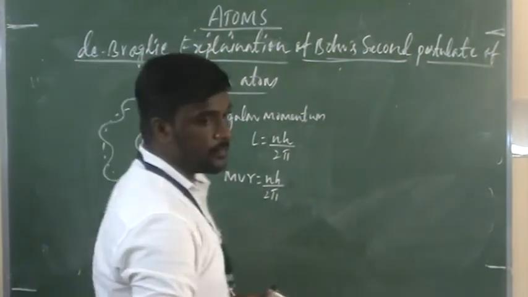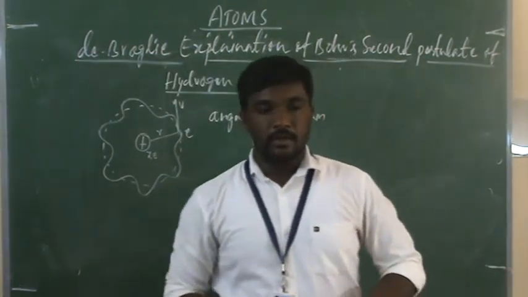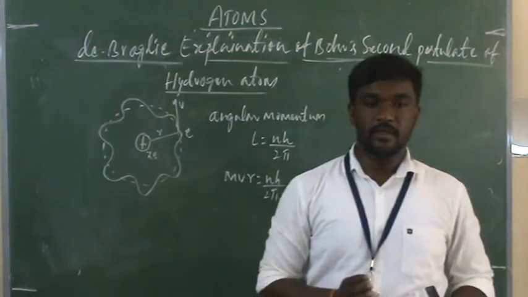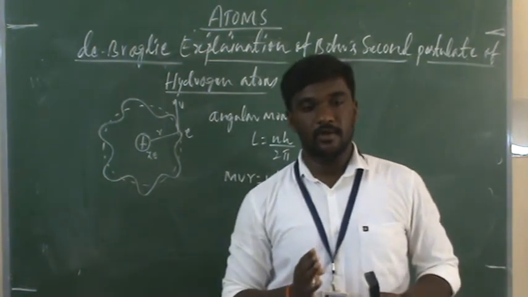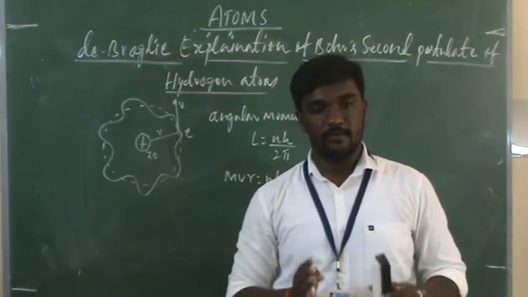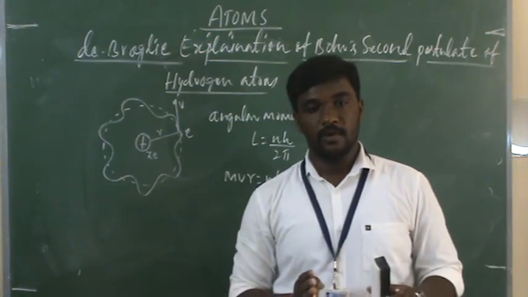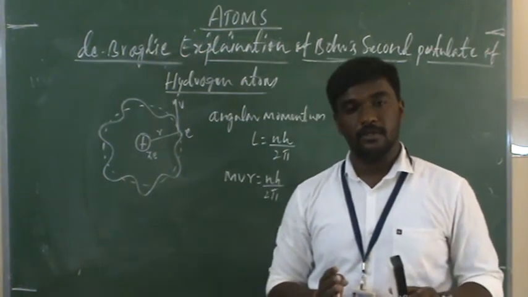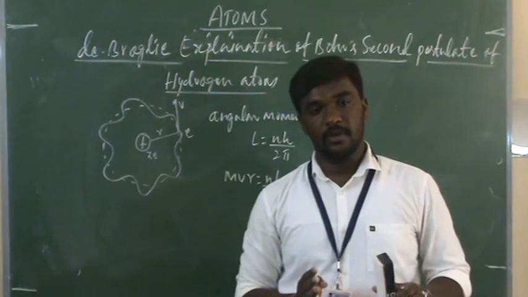According to de Broglie, the electron revolves around the nucleus in the form of a wave. Which kind of wave? A standing wave.